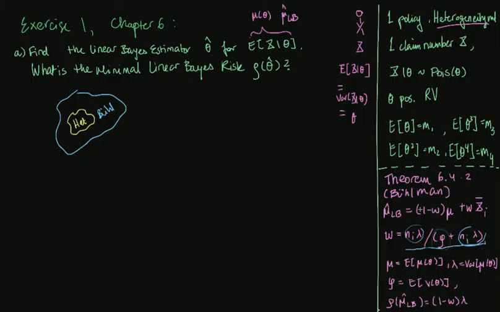Now let's just take a look at theorem 6.4.2 and try to understand what it's actually telling us. It says if you want to find the linear Bayes estimator based on data xi1 up to xi ni for the ith policy.